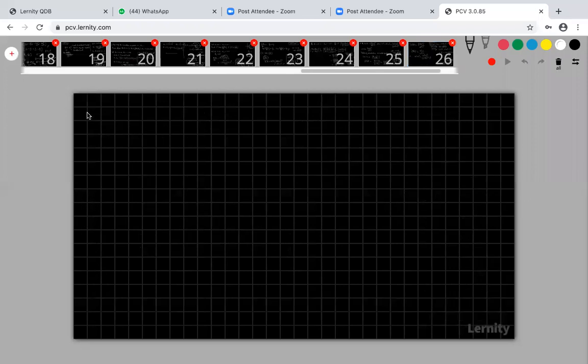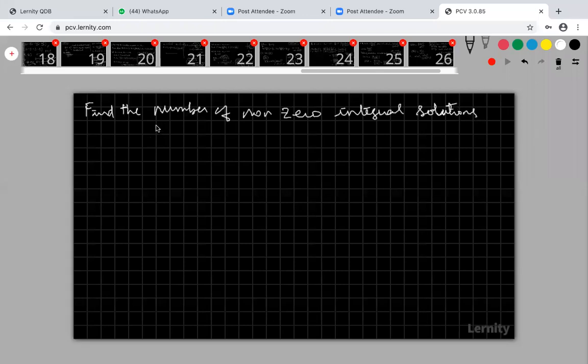The next question. Find the number of non-zero integral solutions of the equation (1 minus i) power x equal to 2 power x. (1 minus i) power x is equal to 2 power x.